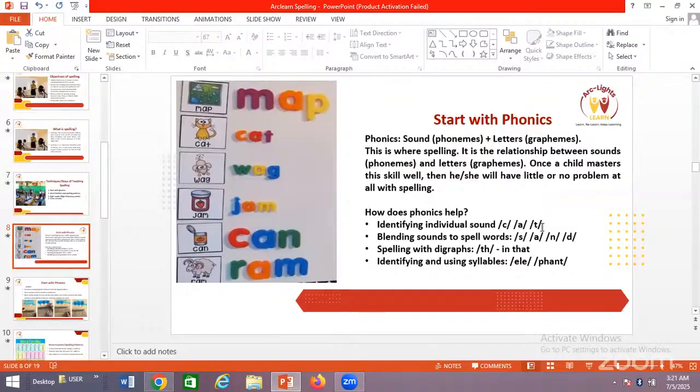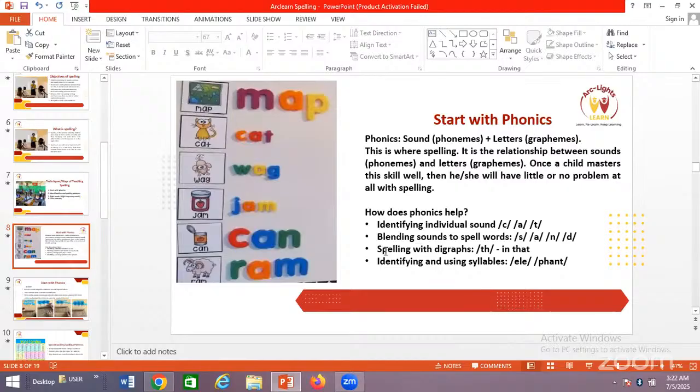If they don't know their sounds, that means you will have to go back to the very beginning to teach them their sounds. So as I'm sounding the k, they are writing it. As I'm sounding t, they are listening, and they can write it. They blend it, at, and then it makes sense.